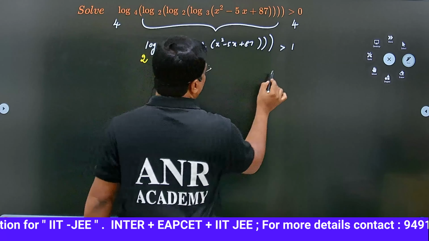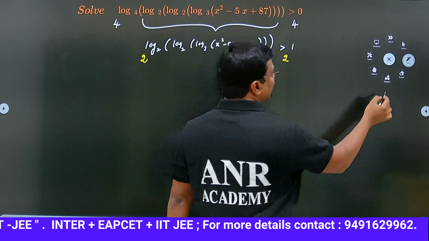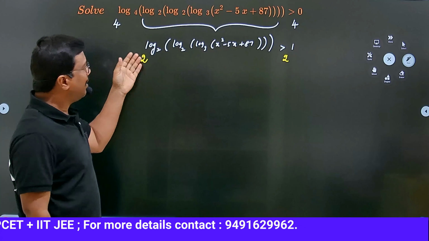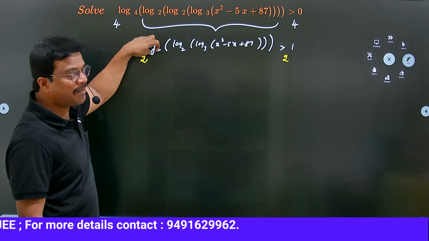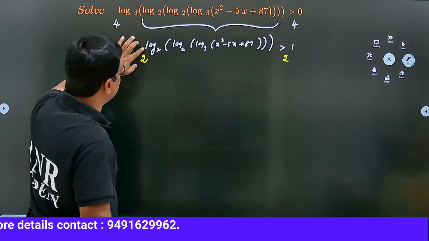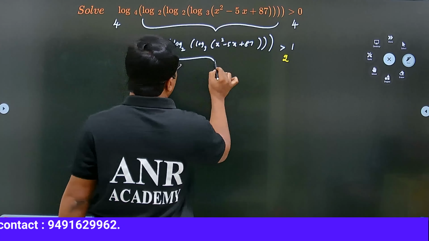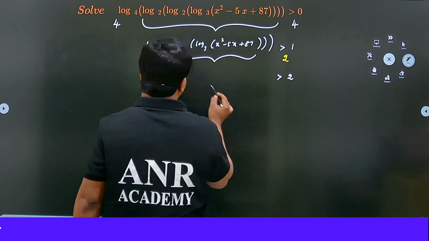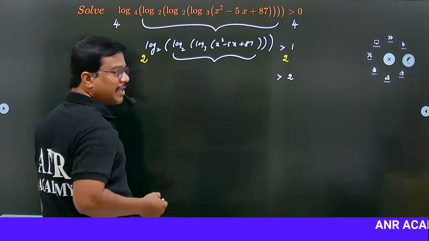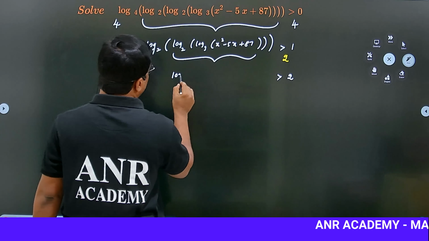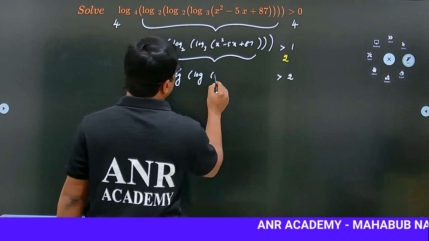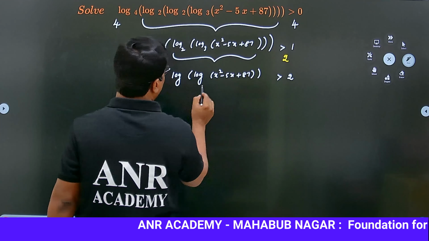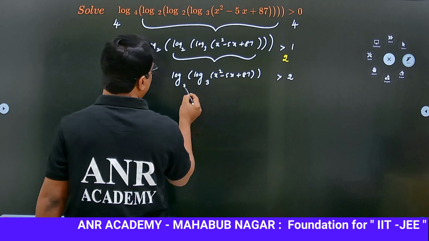Then what happens when you apply the base, observe, here 2 power log again with the same base 2, and hence these two are inverse to each other, they get cancelled, only you will get these two logarithm terms, and in the right part 2 power 1 is nothing but 2, and here the exponential and logarithm get cancelled, we get log of x square minus 5x plus 87, and here the bases are 3 and 2.